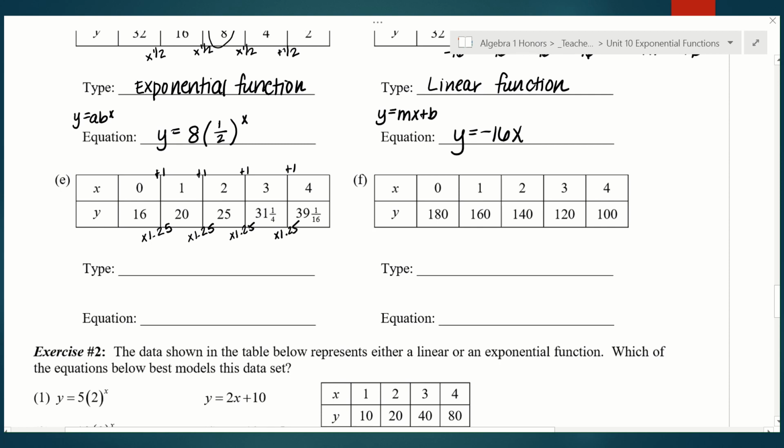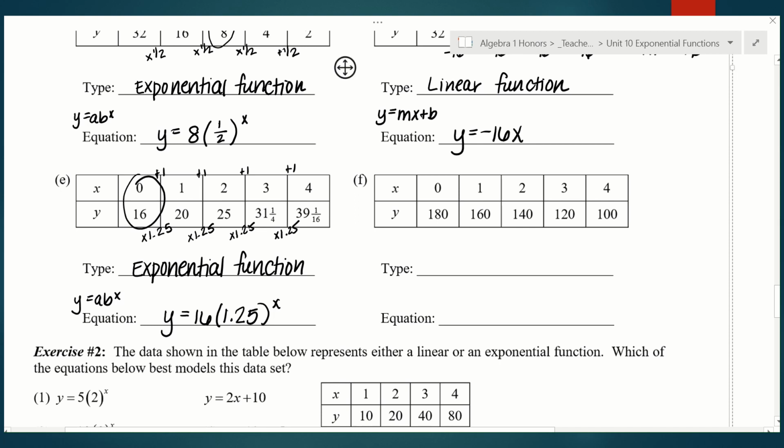Yes. Okay, so this is exponential. And for our equation, I can see my y-intercept is 16. So 16 times my growth factor, 1.25, to the x power.